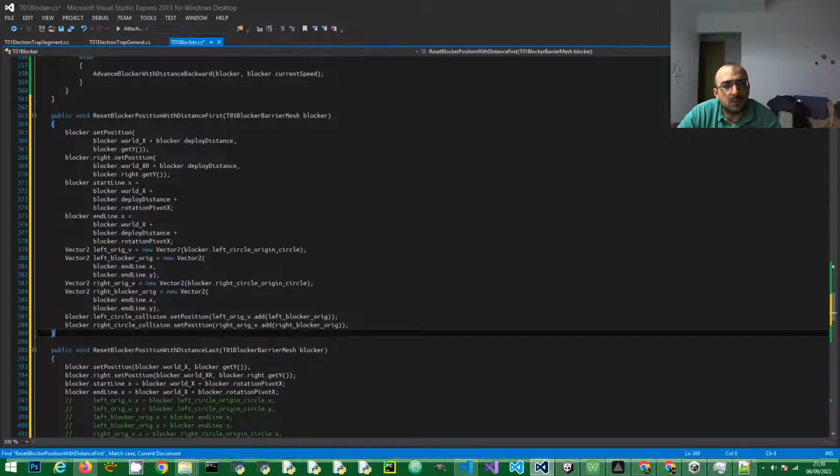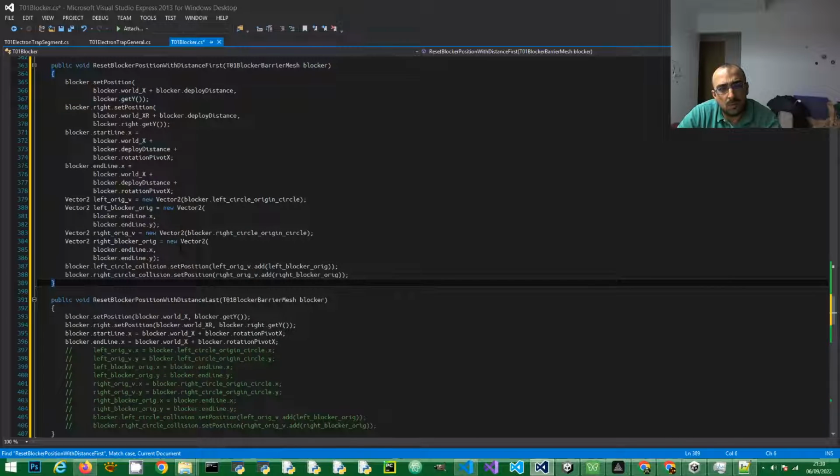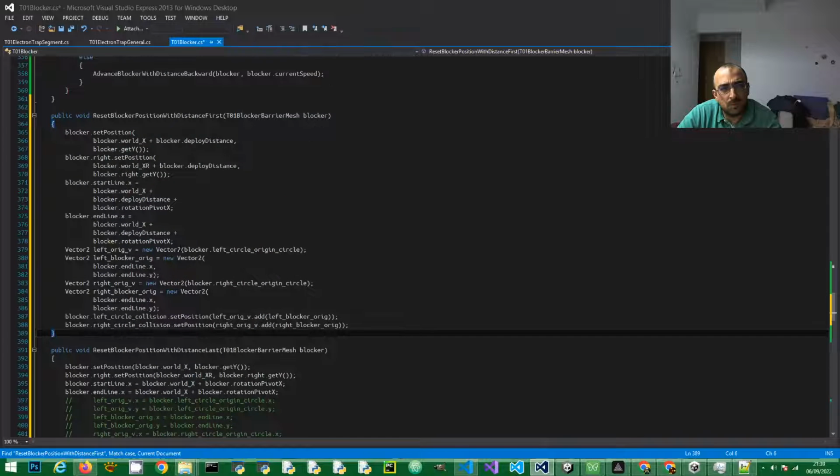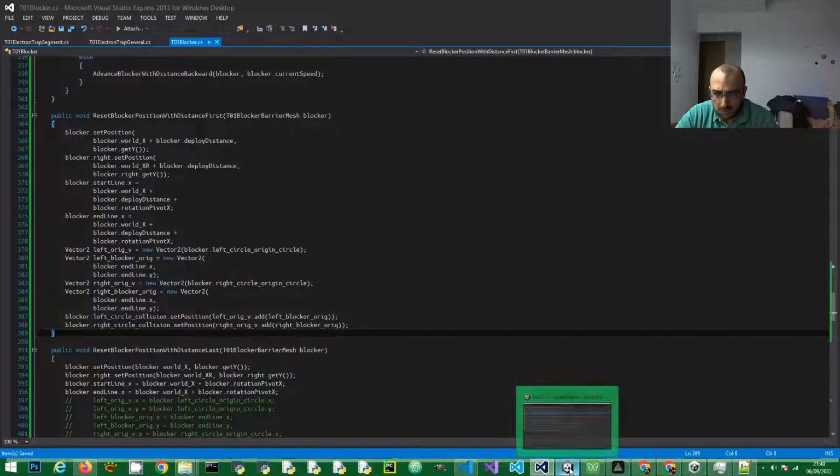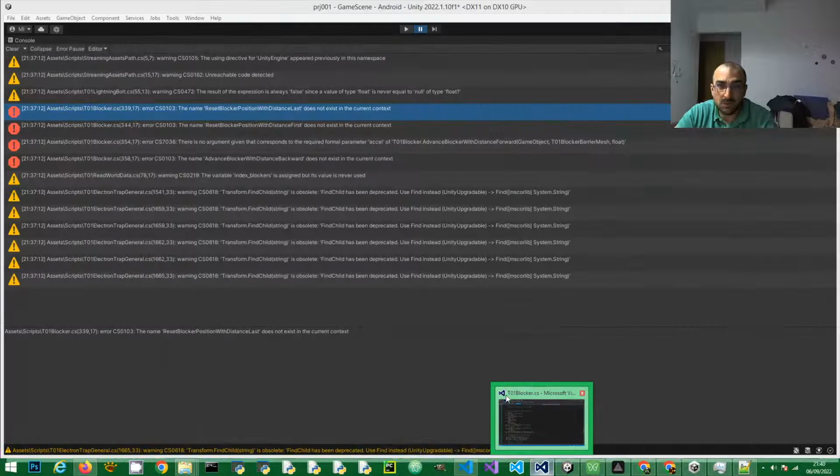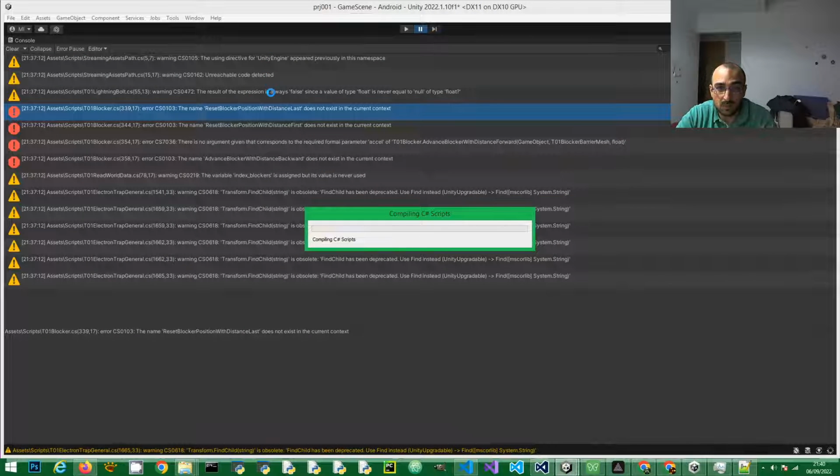Set position just as last one. Okay. Let's see what this does. Blocker set position. Deploy distance. Okay. This is basically the Java code. Excuse me, there's no JavaScript in this game.